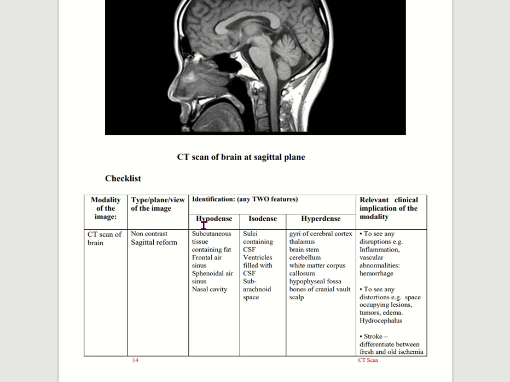You have to describe the different structures of this diagnostic image as hypodense, isodense, hyperdense, and you have to identify the following structures. The examiner asks any two structures to identify, and also asks the relevant clinical importance of this modality. So this is all about how you interpret diagnostic images in your practical examination of the first professional examination.